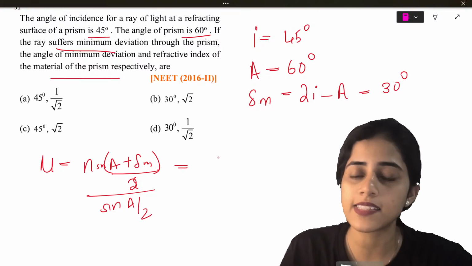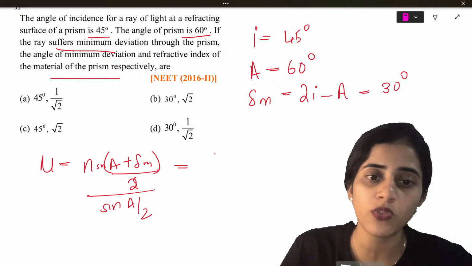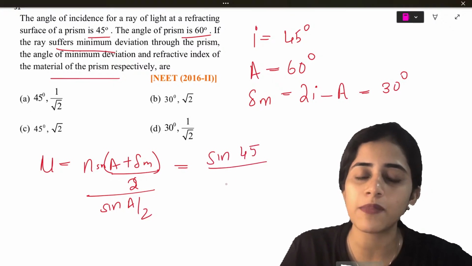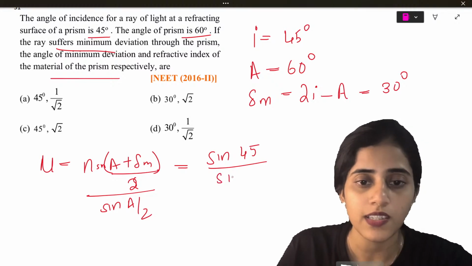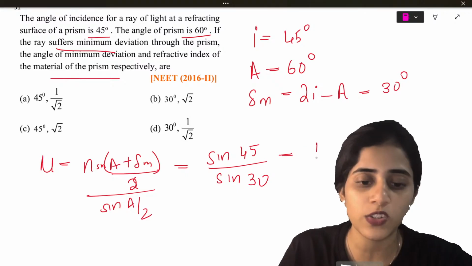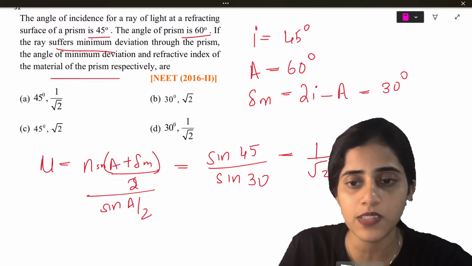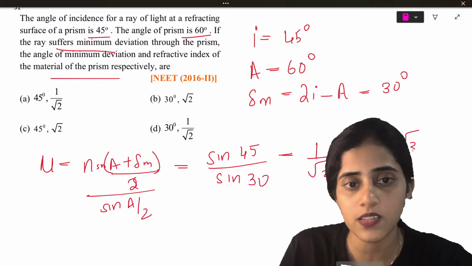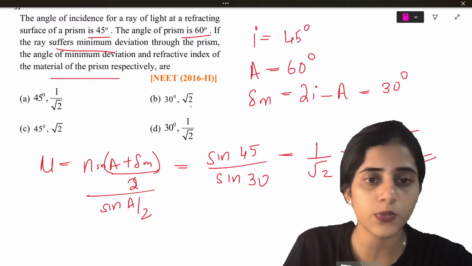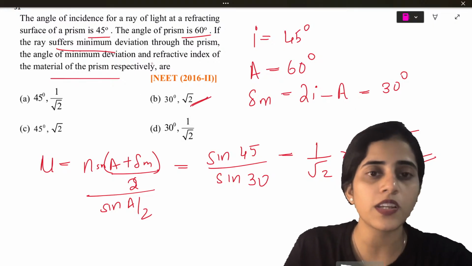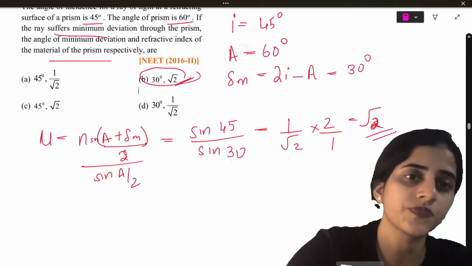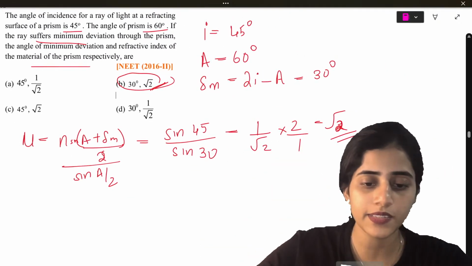A plus delta is 60 plus 30, that is 90, by 2 is 45. So sine 45 by sine of 60 by 2, which is sine 30. So this is going to be equal to 1 by root 2 times 2 by 1, which is root 2. Where is the option root 2? The question asks to find delta m and root 2. Are you all getting it?